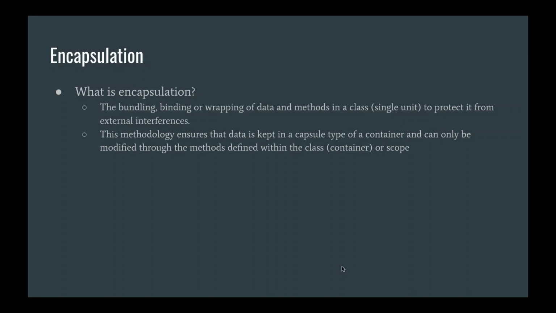The class is sort of a capsule type of container, which means everything within the capsule itself is protected and can only be modified through the methods defined within the class or the container or the scope itself. There is no added scope there because we have inheritance.